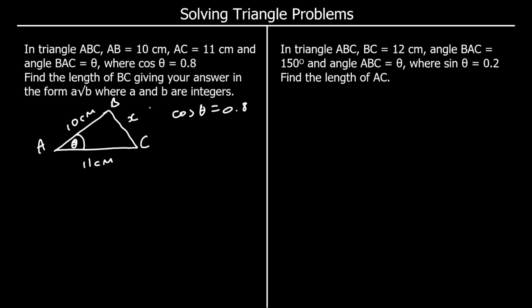So this is a cosine rule question. We've got the angle and the two sides with the angle between them, and we're finding the other side.